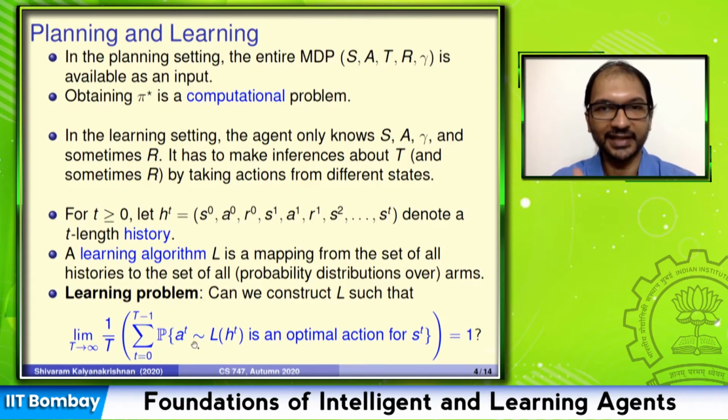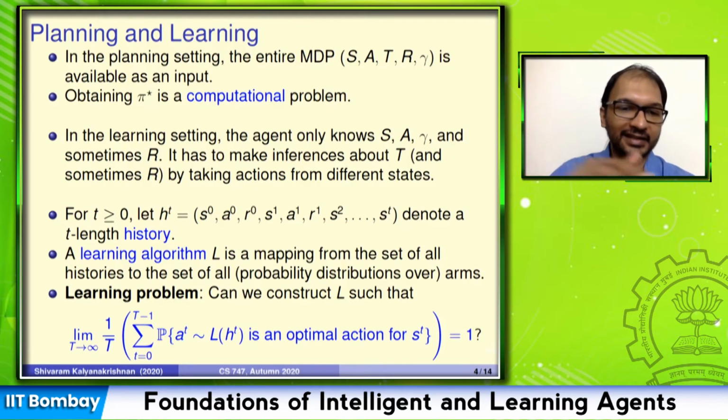So AT is drawn from the distribution that is given by the learning algorithm. Now we are in state ST at time t. Is AT an optimal action for ST? We know that there is an underlying MDP, and therefore there's an optimal policy. Maybe there are multiple optimal policies. So is A among the optimal actions from that state for that MDP?